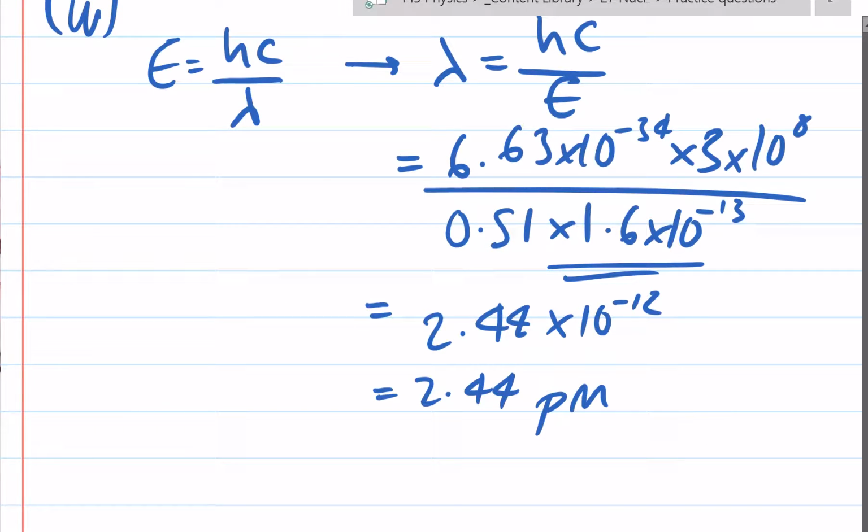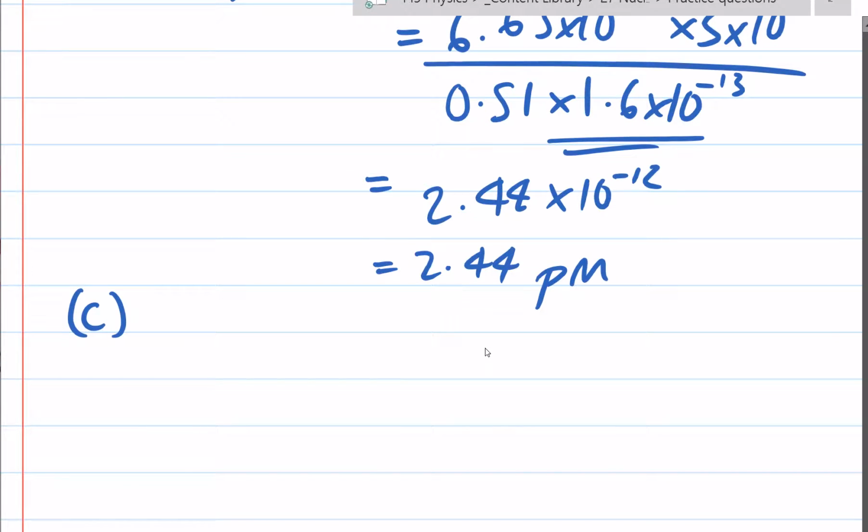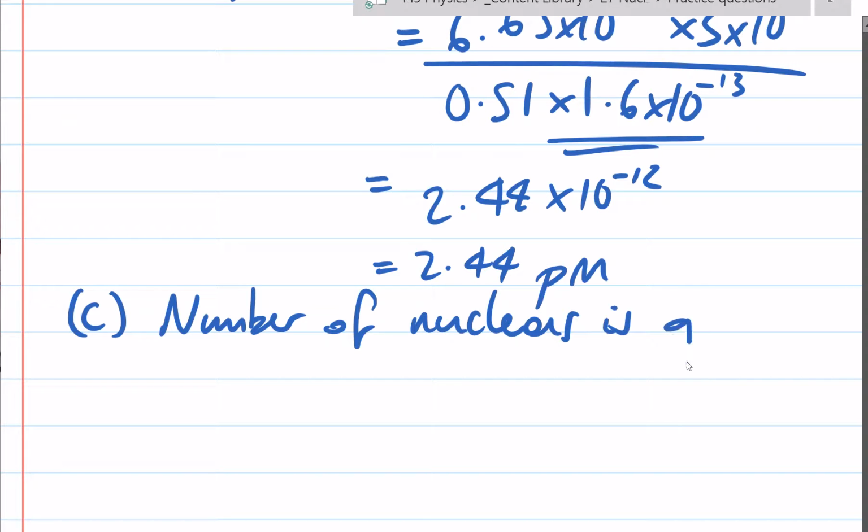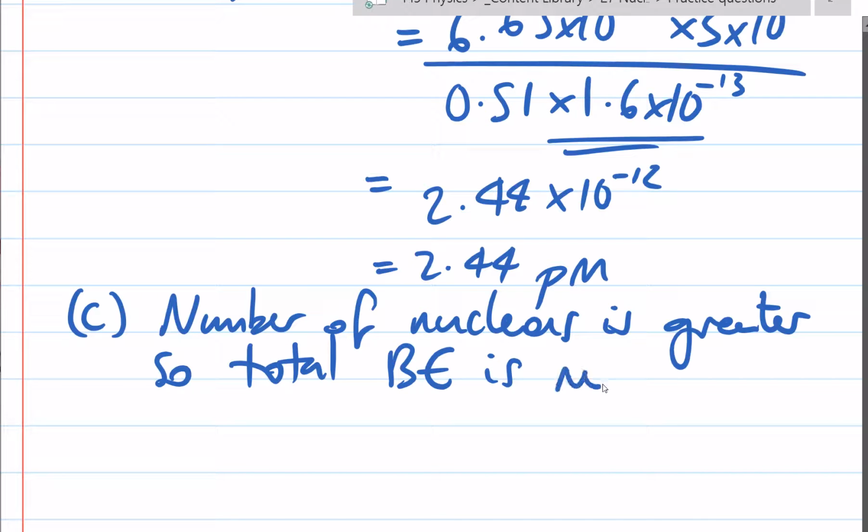So, moving on, we've got part C. Talking about why fission of a heavy nucleus is likely to release more energy than a pair of fusing nuclei, and it's simply because the number of nucleons is greater, so total binding energy is more.